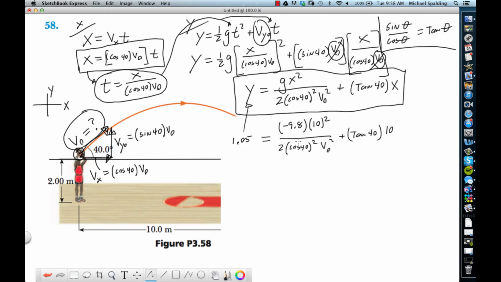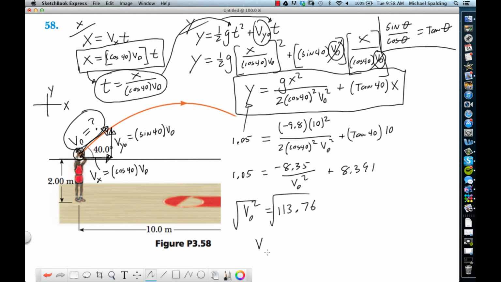What this simplifies down to is 1.05 equals negative 8.35 over V initial squared plus 8.391. Then you take this and solve it for V initial. When you do the algebra, you get V initial squared equals 113.76. Then square root both sides, and you get V initial as about 10.7.